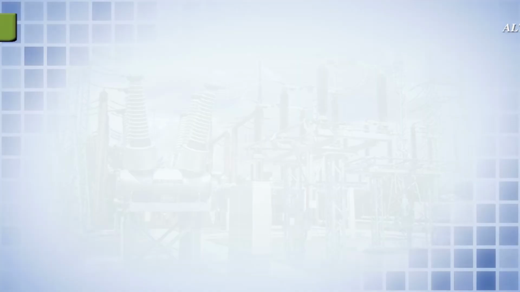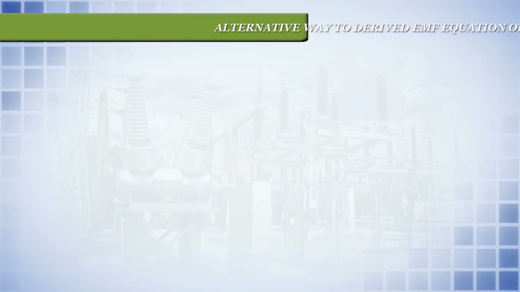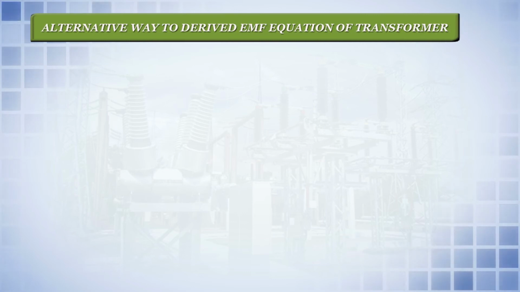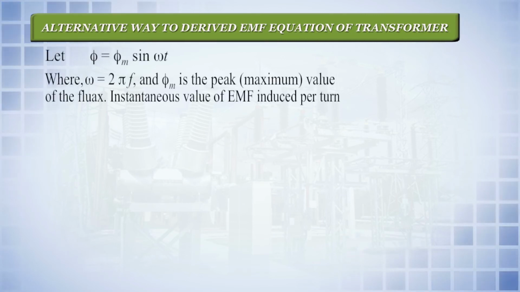The same EMF equation can also be derived by another method. Assume that phi is equal to phi m sin omega t, where omega is the angular frequency. So this omega can be written as 2 pi f, and phi m is the peak value of the flux.